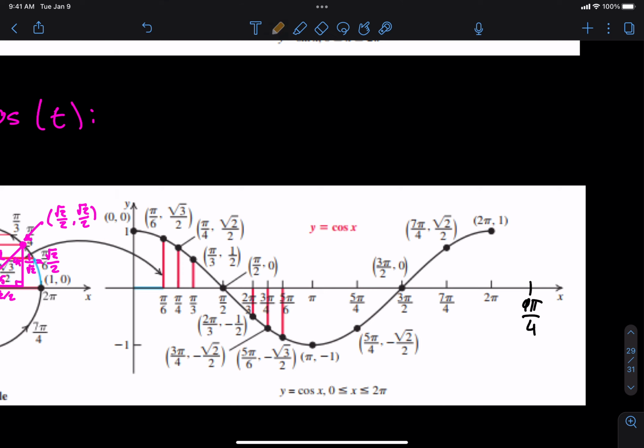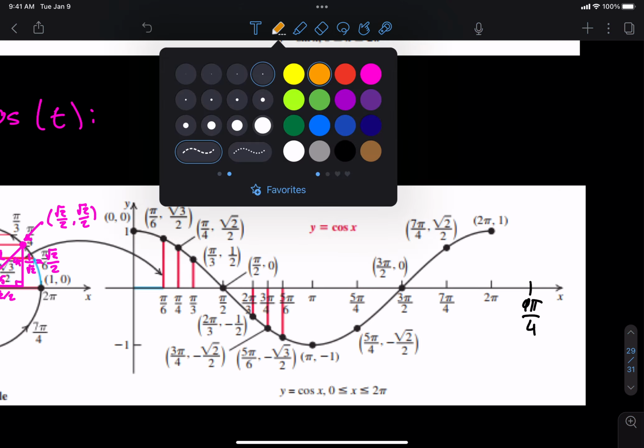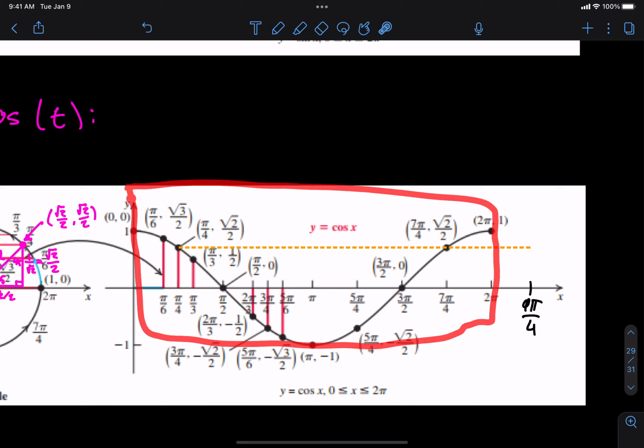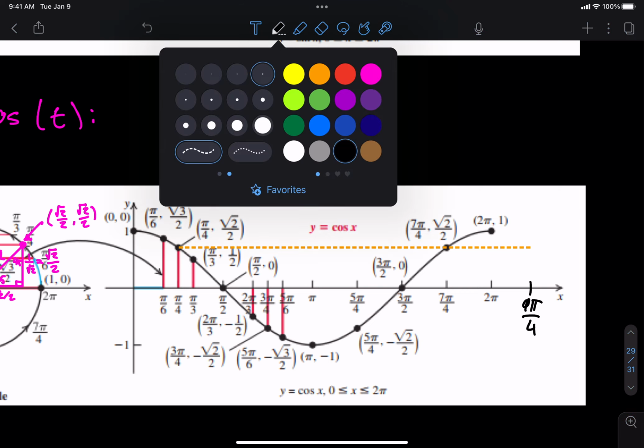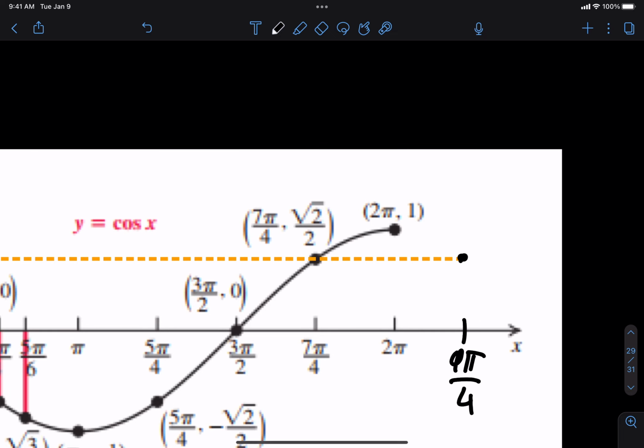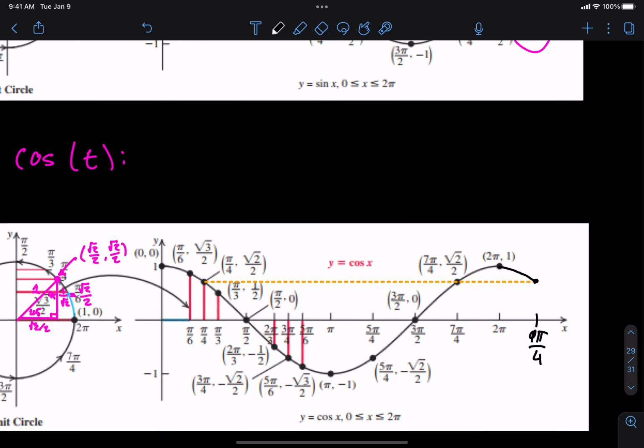I'm just going to take this height here and copy it over. I'm going to take this whole thing and copy and paste it. So here's my point, and it'll look something like that, right? That's what it's going to look like.